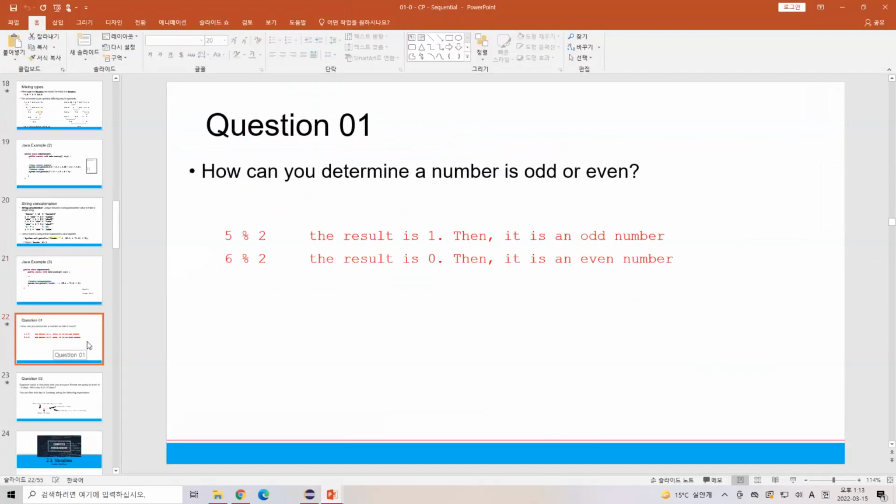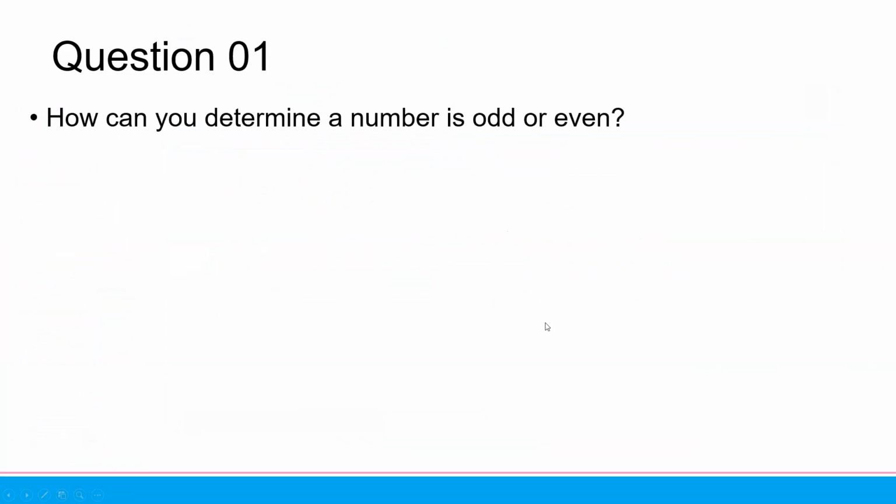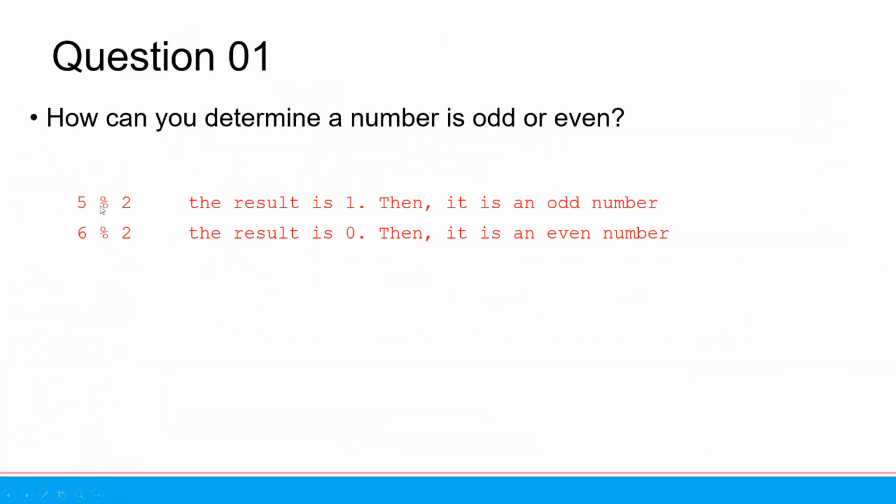Then, I have a question. How can you determine whether a number is odd or even? Yeah, you can use modulo. Oh, sorry, I need to do this one. Oh, you already see the answer. So I can use the modulo.